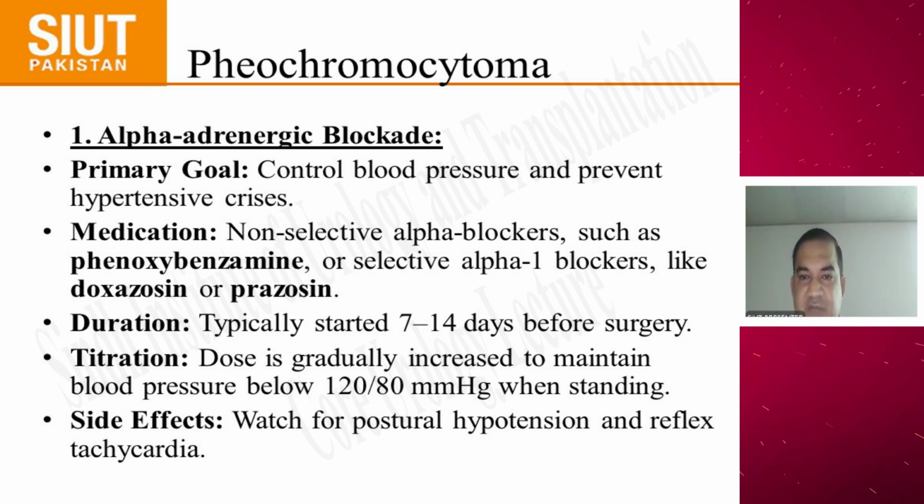Medications include non-selective alpha blockers such as phenoxybenzamine or selective alpha-1 blockers like doxazosin or prazosin. Duration: typically started 7 to 14 days before surgery. Titration: doses are gradually increased to maintain blood pressure below 120/80. Side effects: postural hypotension and reflex tachycardia.